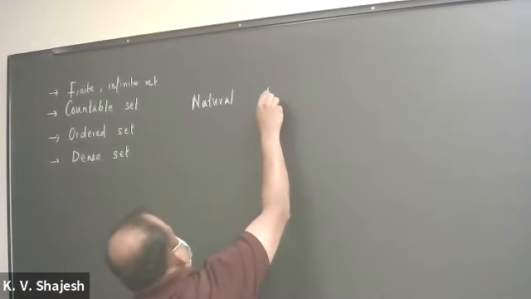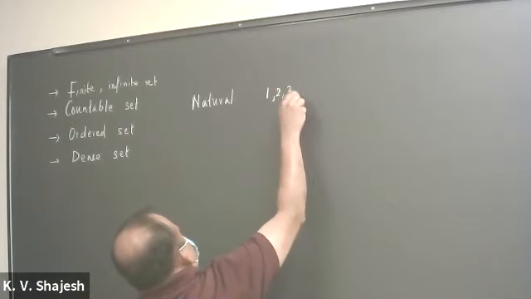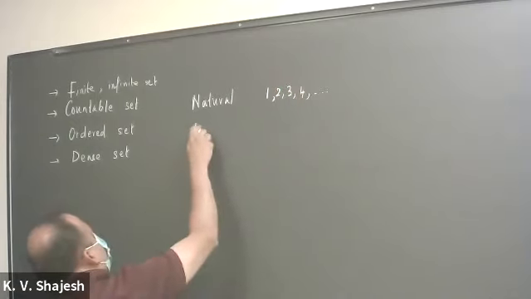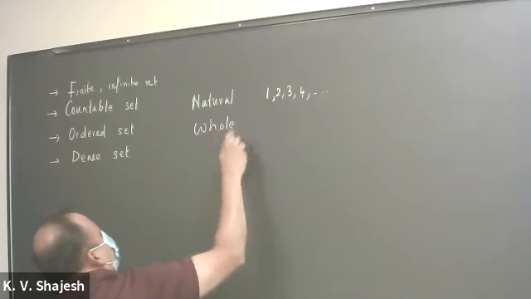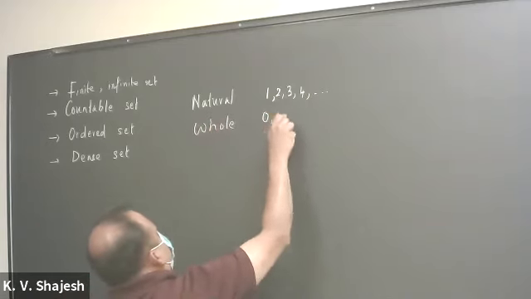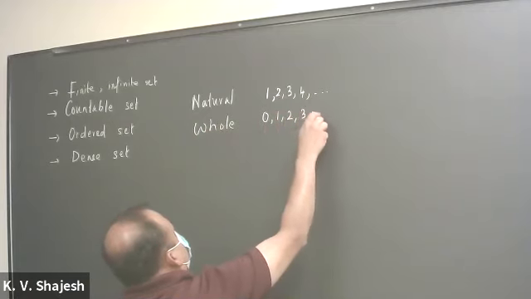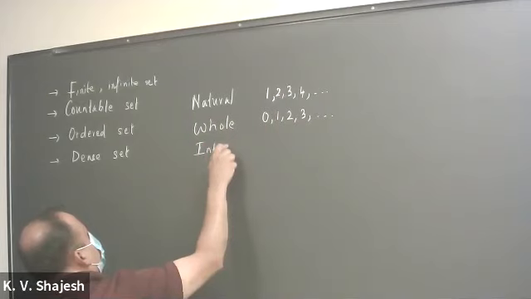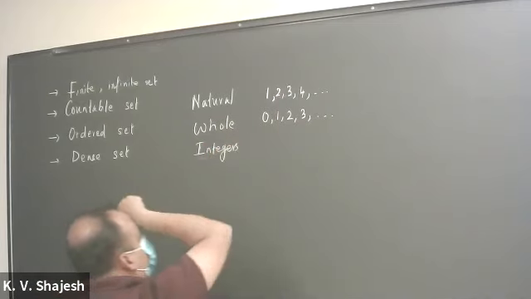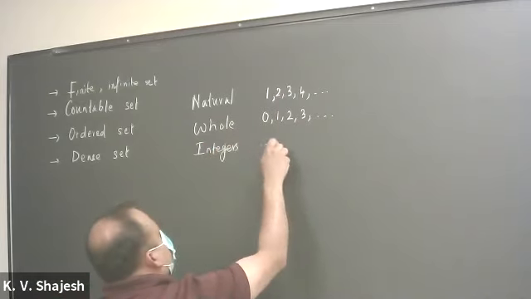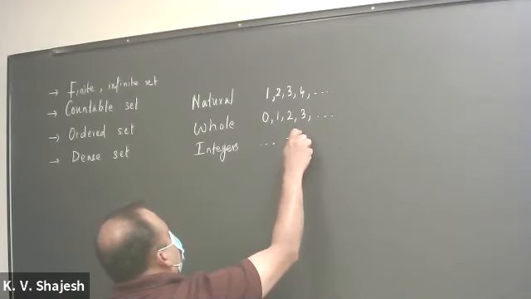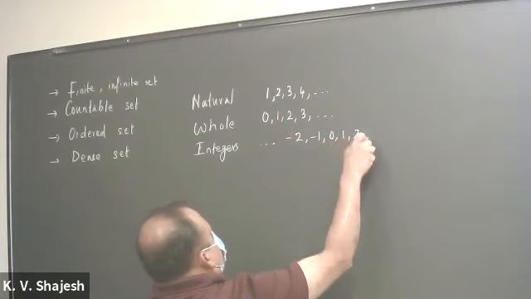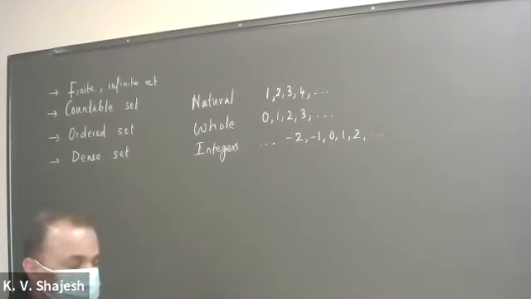That's 1, 2, 3, 4, and so on. And then there is whole numbers. This is basically 0, 1, 2, 3, and so on. That is integers. And this will be minus 2, minus 1, 0, 1, 2, and so on.